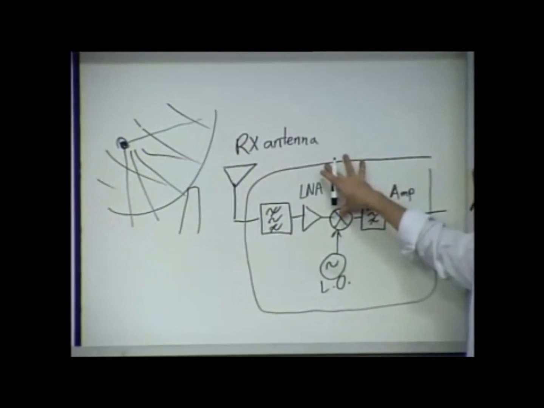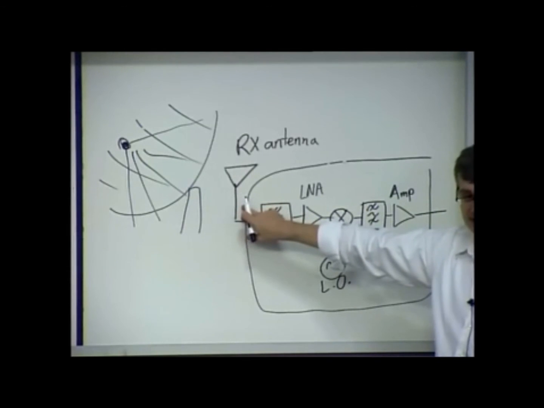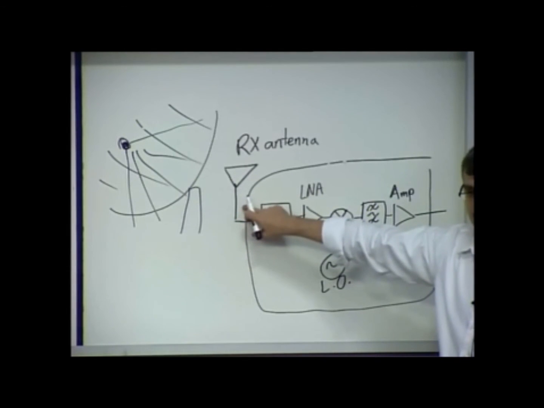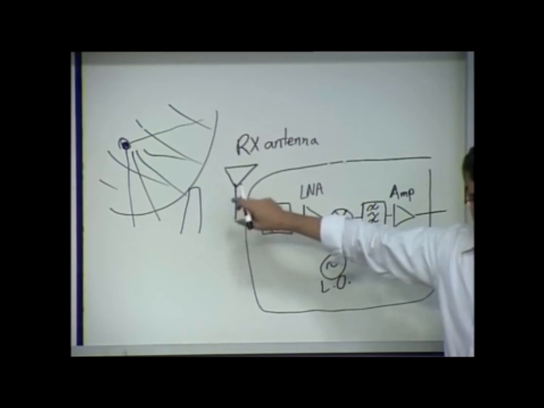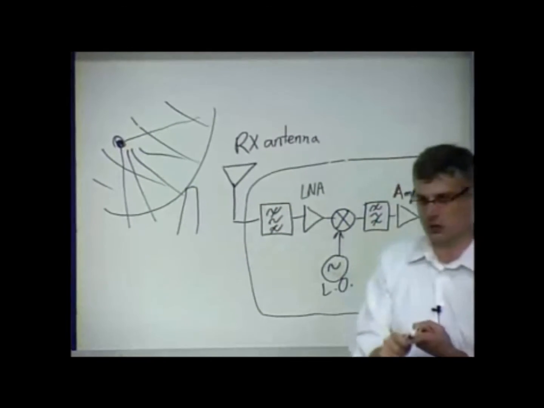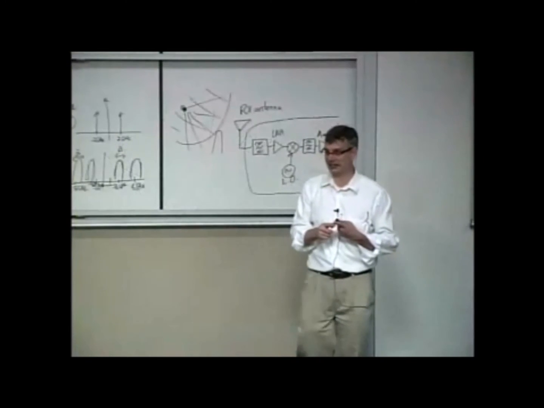This device takes your high-frequency RF, which could be very high. In satellite engineering, we've been using millimeter waves for decades, way before it was cool for the terrestrial researchers to talk about. Why? Because, first of all, nobody's using that spectrum, so it's up for grabs for satellite engineers.